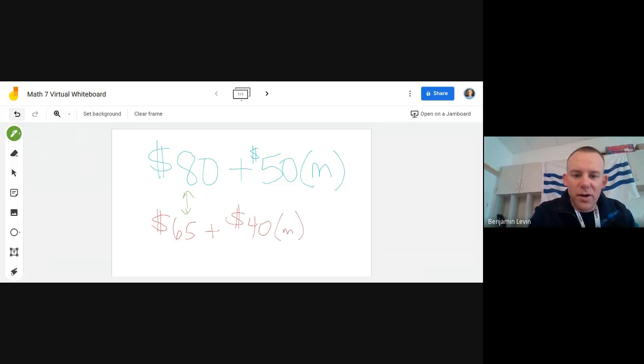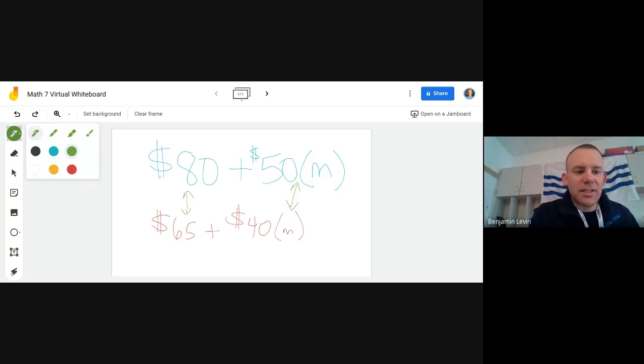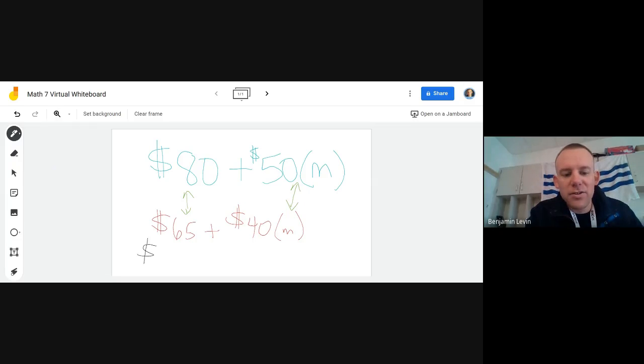They're just regular numbers, dollars and dollars. 50M and 40M are like terms because they're both M's. So what we need to do is just combine like terms. What's 80 plus 65? 80 plus 65 is $145.